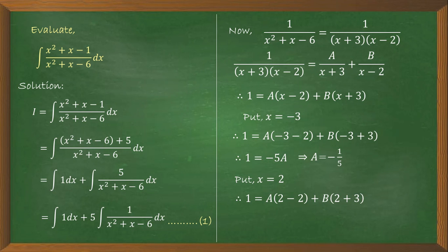See carefully, and hence A will get cancelled, and we get 1 is equal to 5 times B. So that implies B is equal to 1 upon 5. So the partial fraction method is completed here. By obtaining A and B, we get the conversion of rational form to partial form.